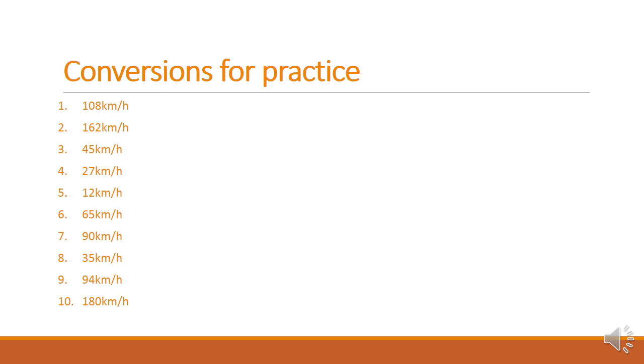I hope you have understood the whole concept of conversions and all the basic concepts of motion. Until and unless this is clear, you would not be able to proceed further, and you will be facing basic troubles every now and then. So please do these conversions, and if you have any doubts, do let me know.